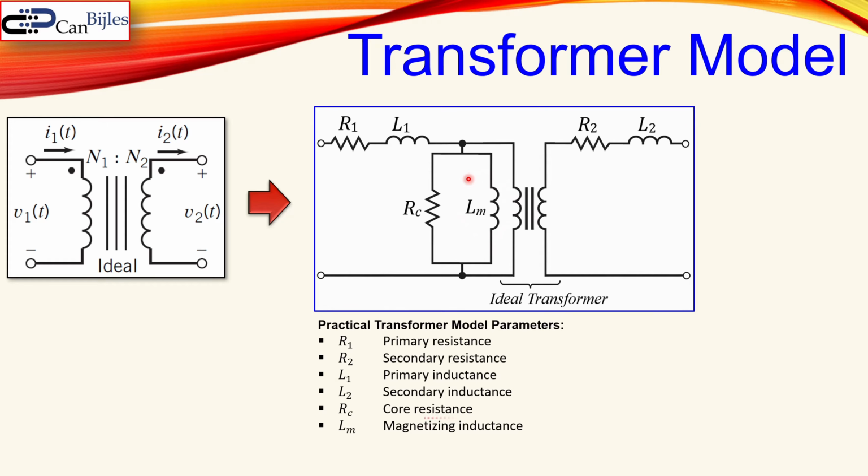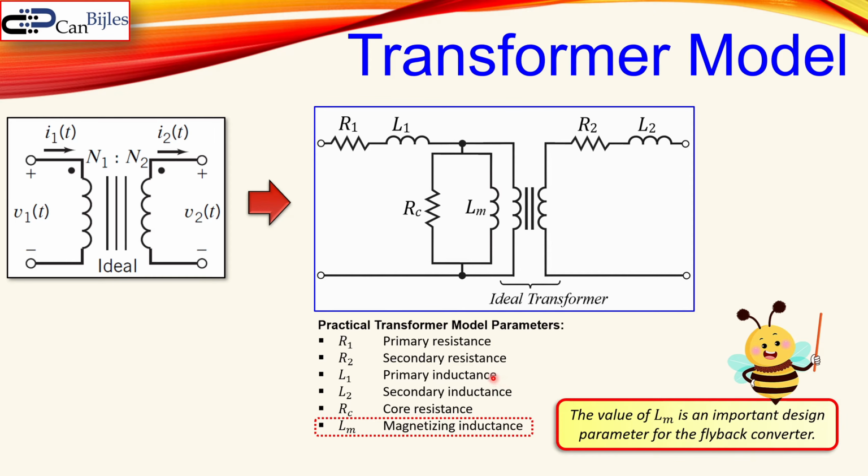Now, this parameter is very important because that is the parameter we will use in the design of the flyback converter. So the value of Lm is very important and it will be used for our design of the flyback converter. The other 5 parameters we will just leave, and we only use this L sub m.